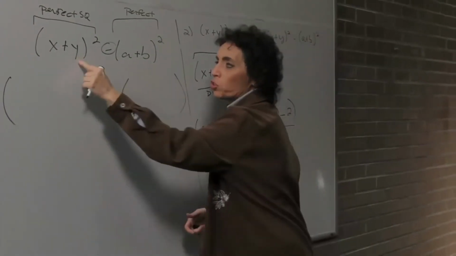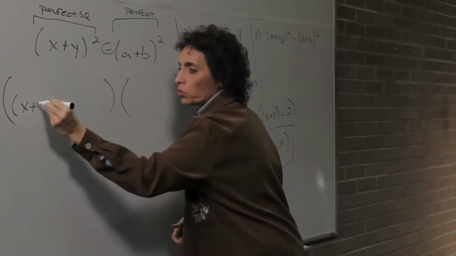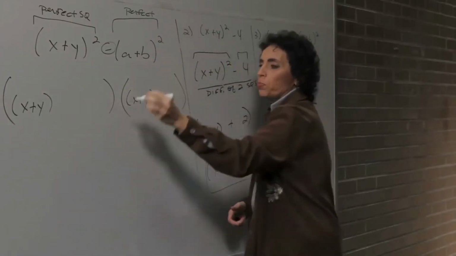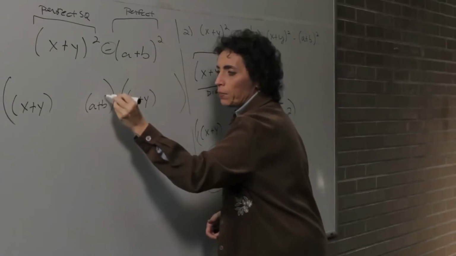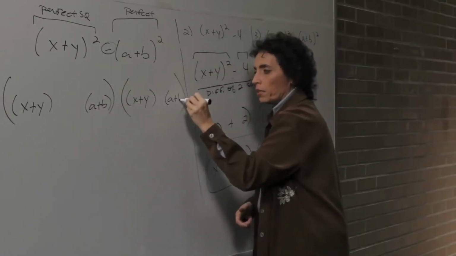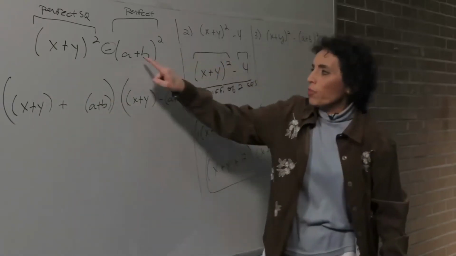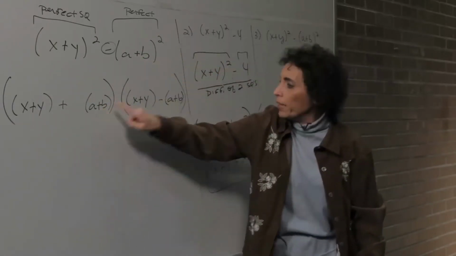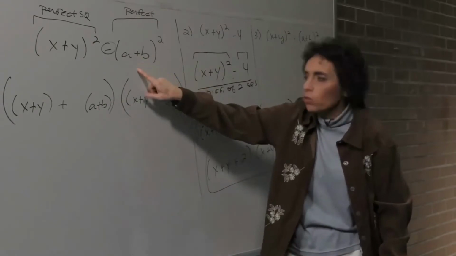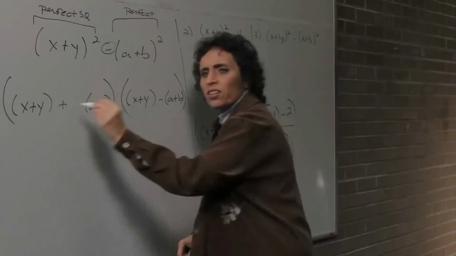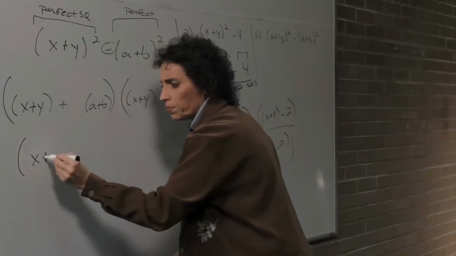X plus y quantity squared is x plus y times x plus y. A plus b, it's in parentheses. I would keep it there. A plus b. What about my sign? One plus, one minus. By the way, if this was a minus b, that just would have been a minus b. It doesn't matter what's in here. We're just having that twice as a factor. Now we have to clean up. These parentheses are totally unnecessary.